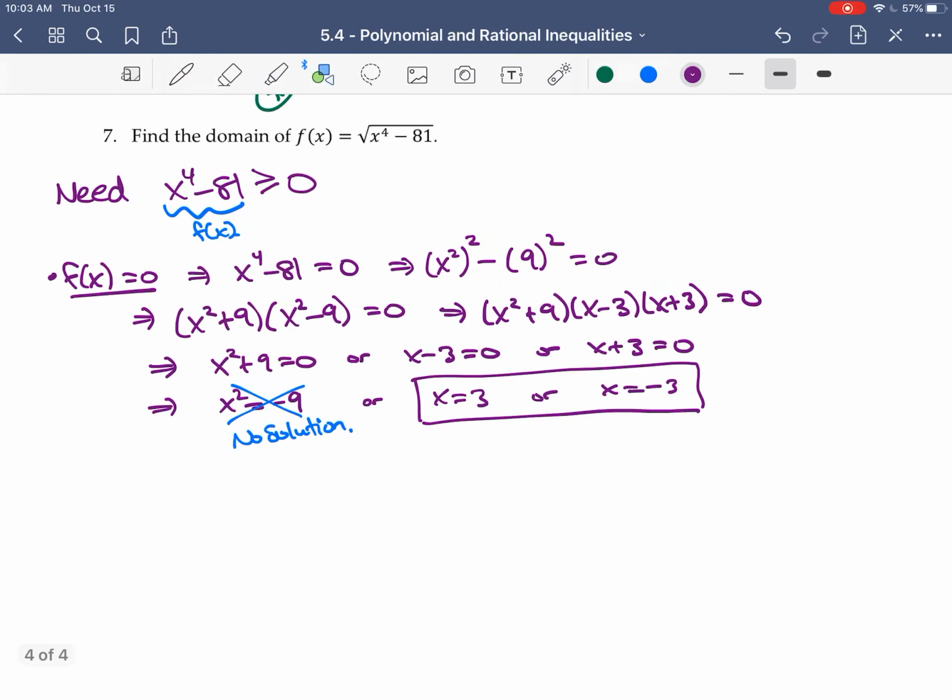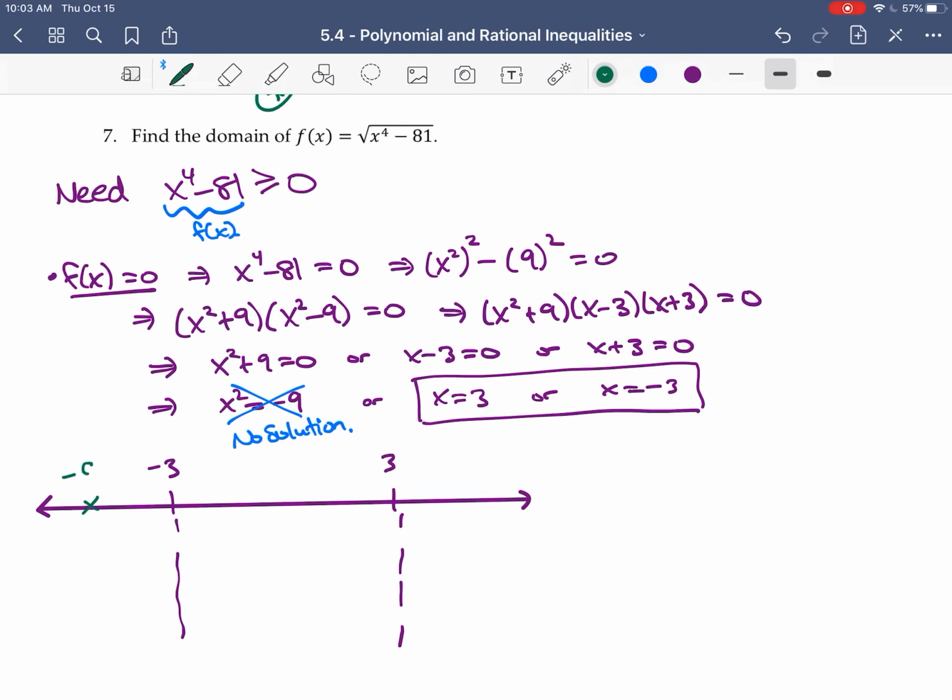Okay, so we can put those on our number line. Okay, so negative 3 and positive 3. And then we just want to check a value, so negative, I could use negative 9, but let's do something like negative 4. So I want to plug those in. Now x squared plus 9, I'm going to write a note here, down here.